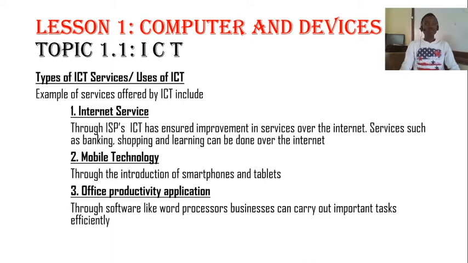You also don't have to organize data on pen and paper. You don't have to have record books or record sheets. We can store records using office productivity applications like Access, which is a database application that allows us to store important information that we would need later.